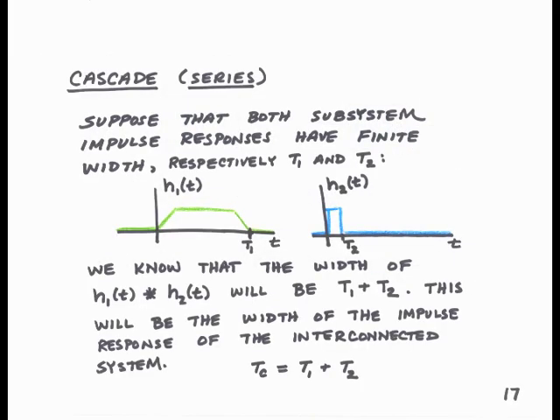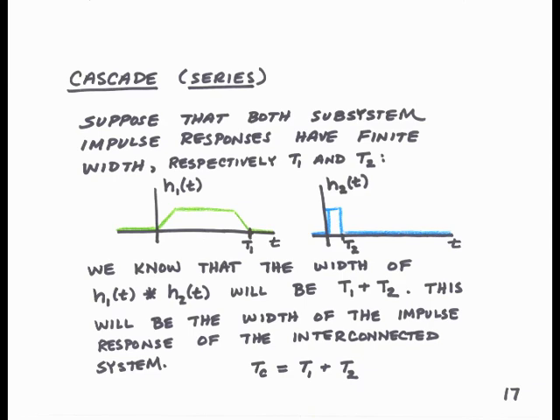For this cascade interconnection, let us suppose that both subsystems have impulse responses that have finite width. Suppose H1 of S has an impulse response H1 of T, and it has width capital T1, and H2 of S has impulse response H2 of T, and it has width capital T2.